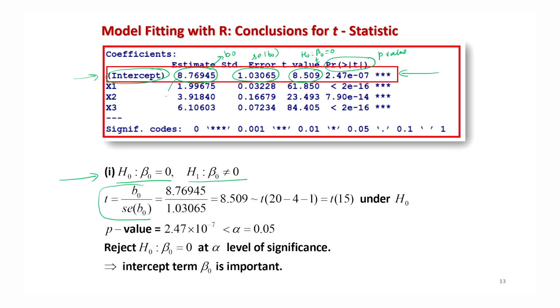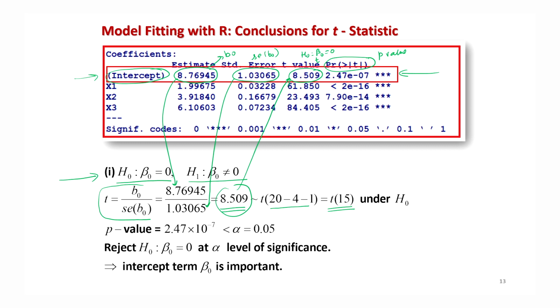If I calculate it manually, this will come out to be 8.509, and this is given here. It has a t distribution with 20 minus 4 minus 1, which is t 15, a t distribution with 15 degrees of freedom under H naught.